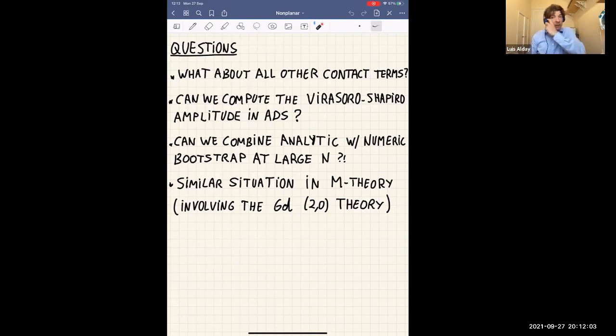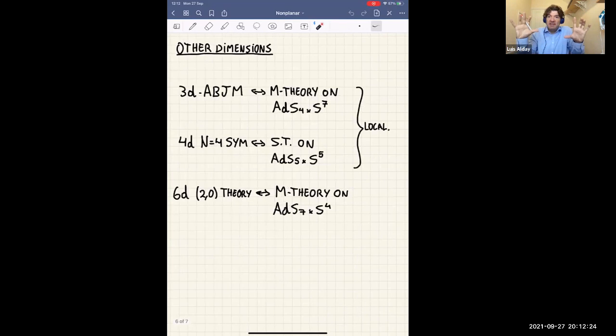Something that I also wanted to add is that one has a similar situation in theories involving M theory, for instance, the 6D (2,0) theory. But in that case, one has a single expansion in terms of inverse powers of the central charge. So the global picture is that we have three maximally supersymmetric theories: three-dimensional ABJM, which is dual to M theory on AdS4 × S7; 4D N=4 super Yang-Mills, dual to string theory on AdS5 × S5; and the 6D (2,0) theory, which is dual to M theory on AdS7 × S4.